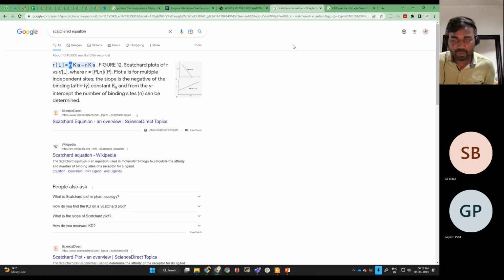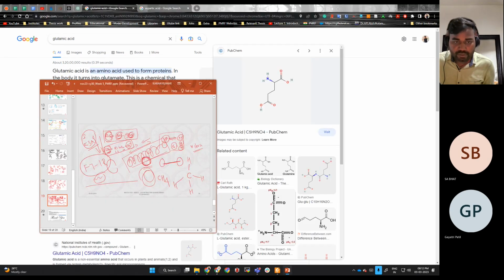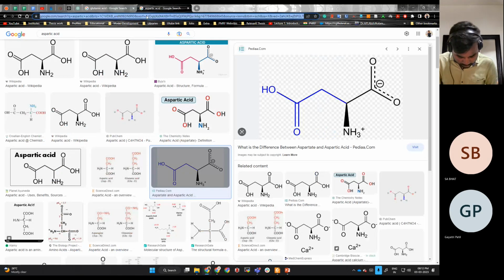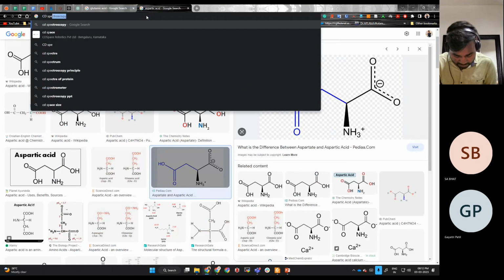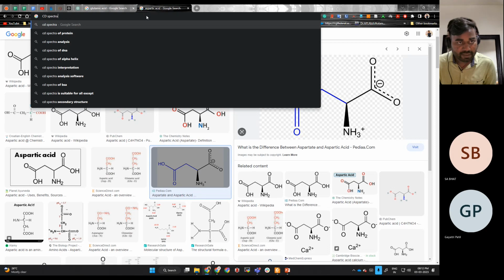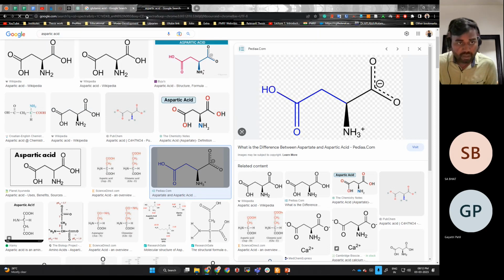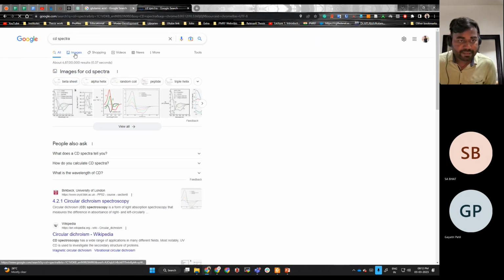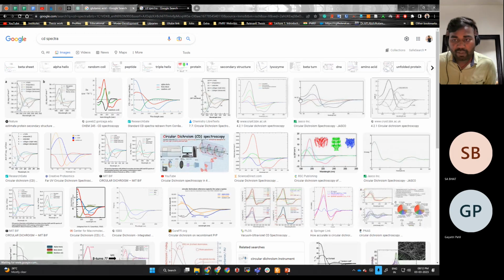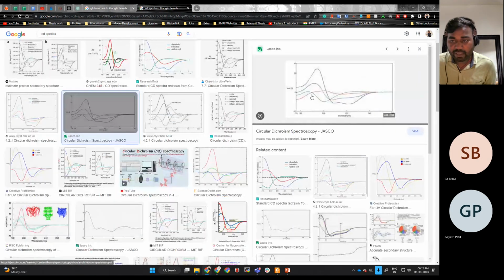In CD spectroscopy, let me show you the CD spectra also. In the last class, I showed you the CD spectra. What do you observe in CD spectroscopy?